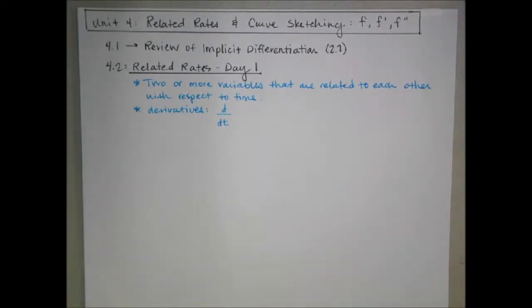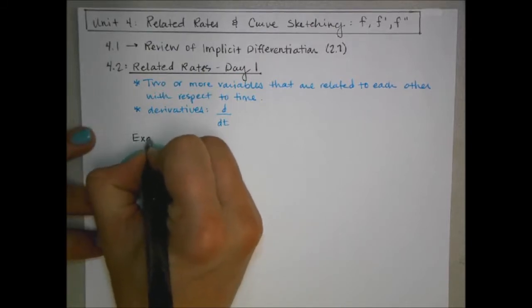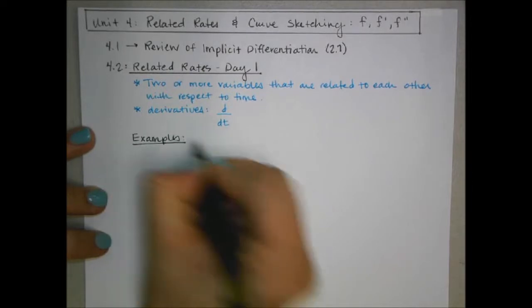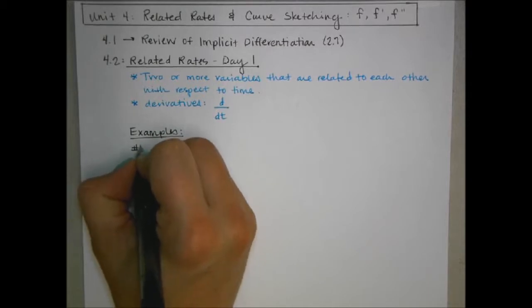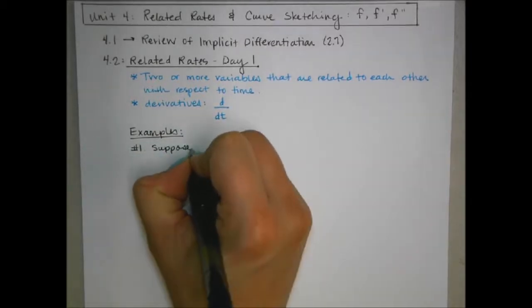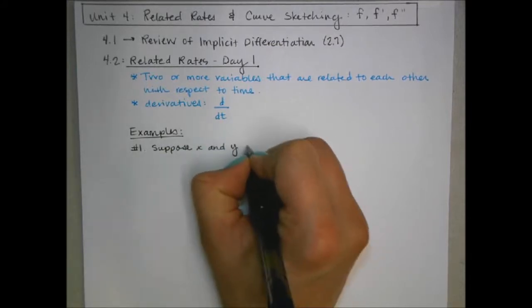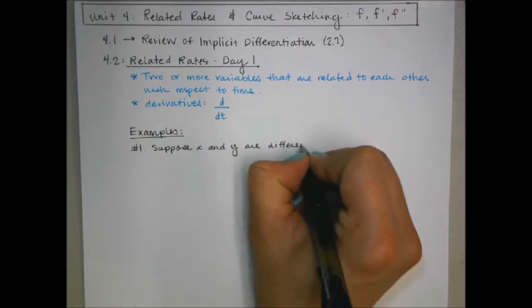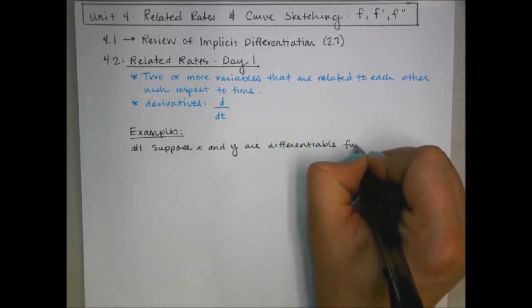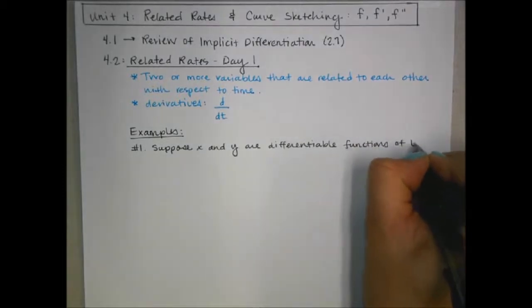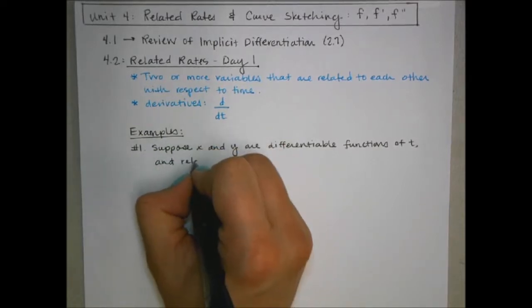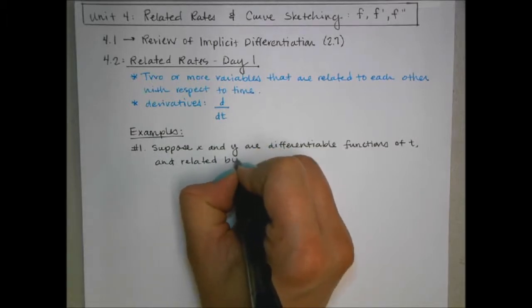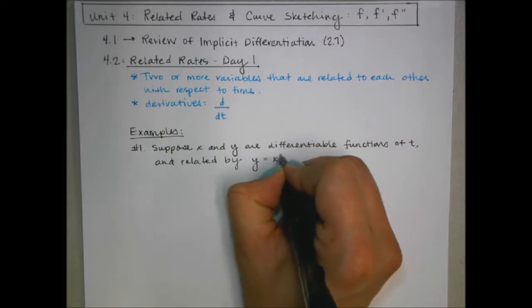All right, so first example we're going to look at is not really going to be a word problem. It's just going to be a simple equation, take the derivative with respect to time, variables are related to each other. So we're going to have x and y differentiable functions of t and are related by y equals x squared plus 3.